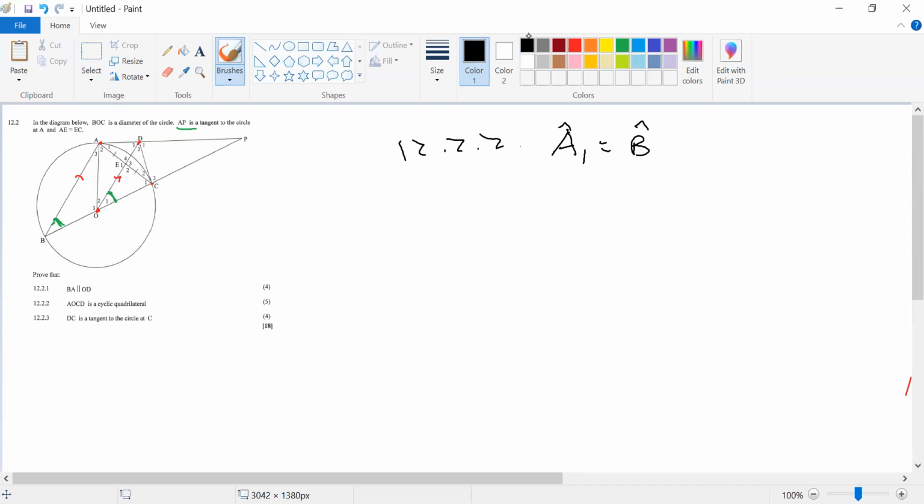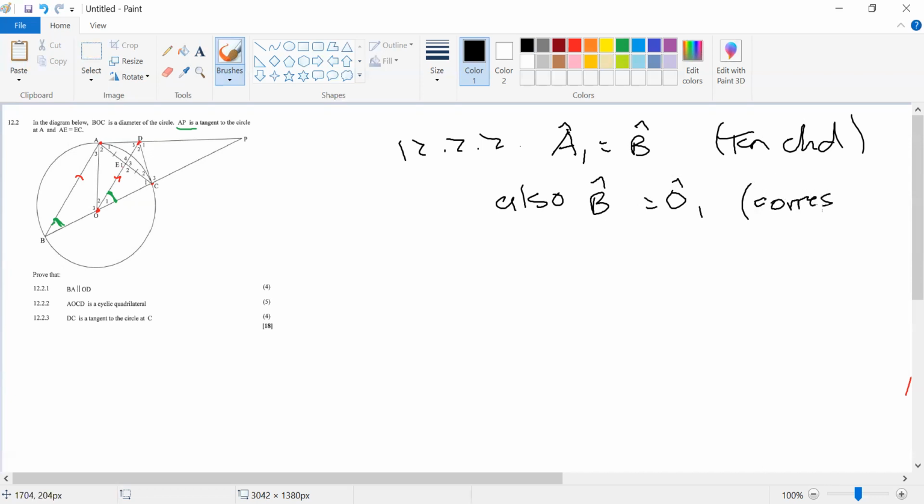So because I know that to be true, I can say also angle B, make sure you give your reason for tan chord here. Yeah, so also angle B is equal to angle O1. The reason for that is corresponding angles, and the parallel lines that we have, AB parallel OD.